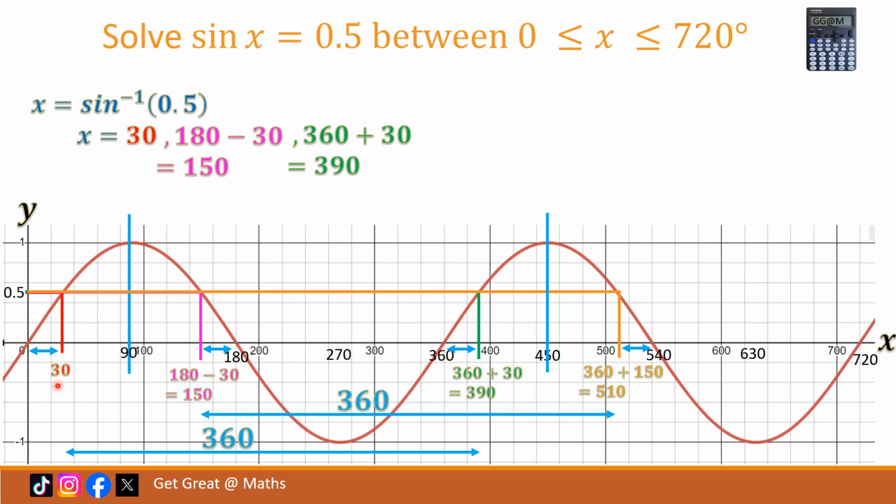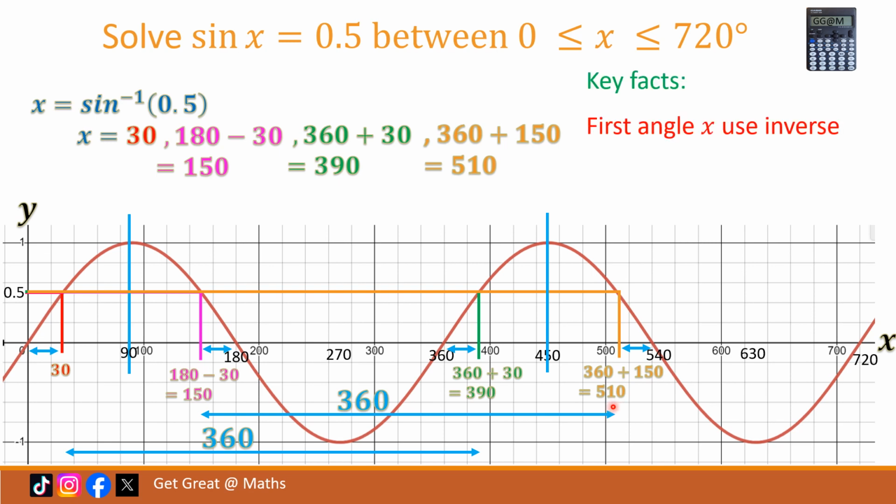So if we work out our first angle, we do 180 minus the angle to get the second angle. To get the third angle, we add on 360 to our first angle. To get our fourth angle, we take the second angle and add 360 onto it to give you the 510.